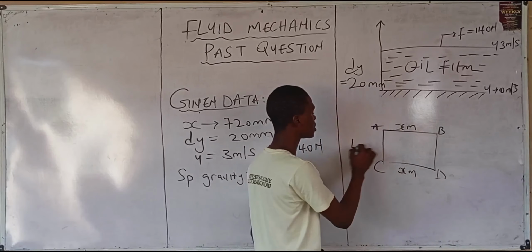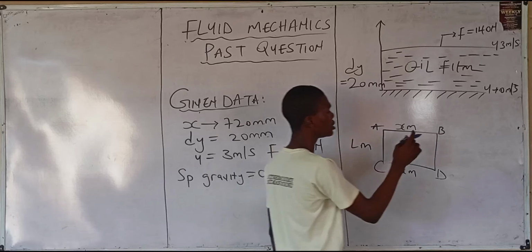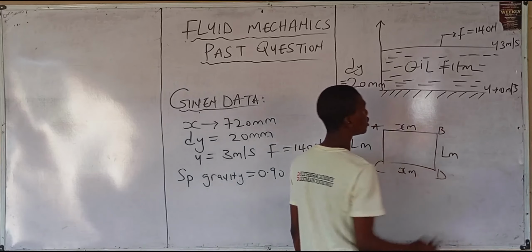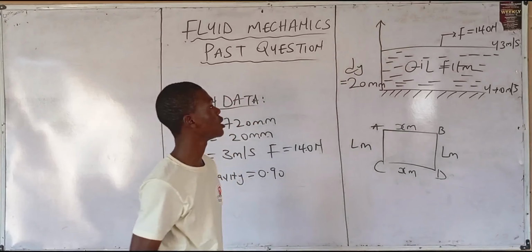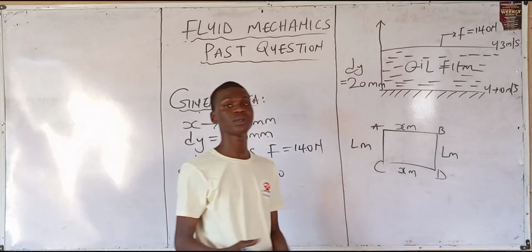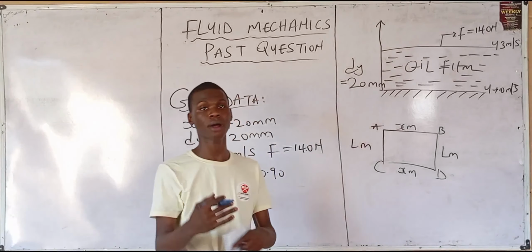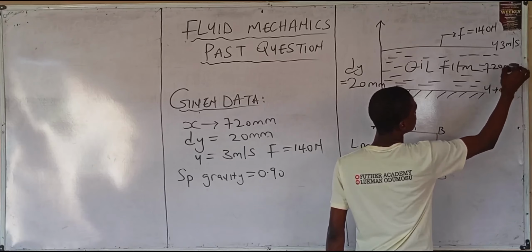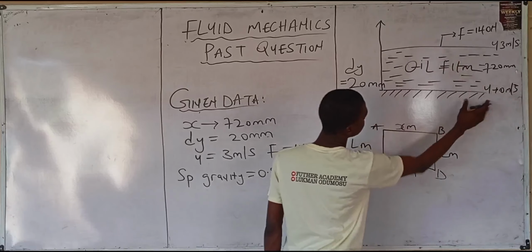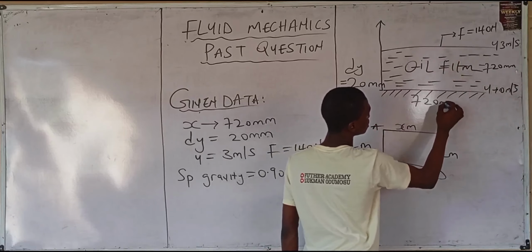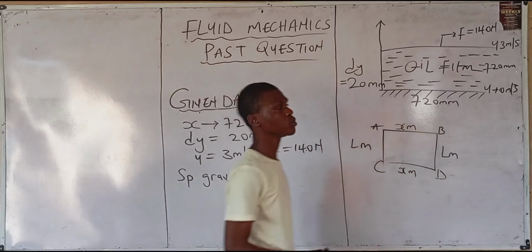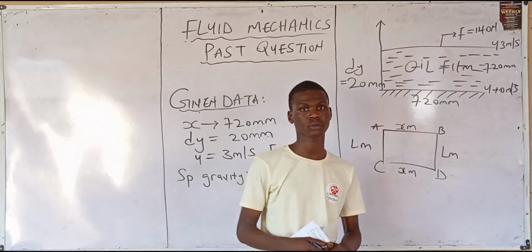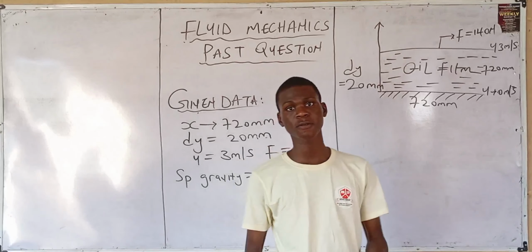Likewise, AC is L meter, meaning BD is also L meter. Since the question says that the square plates are parallel to each other, the size here is 720 mm. Similarly, the size here is also 720 mm. So this is the illustration for the question.